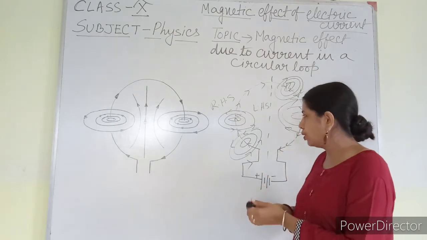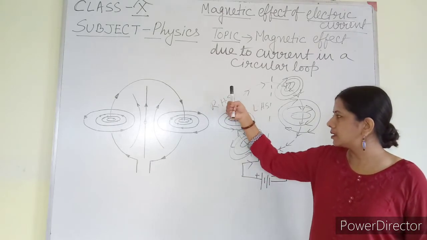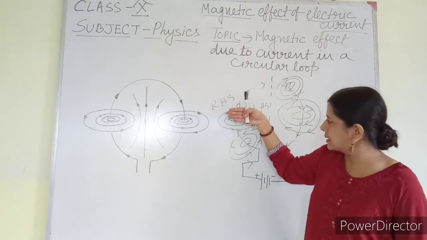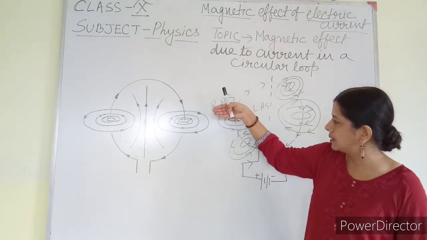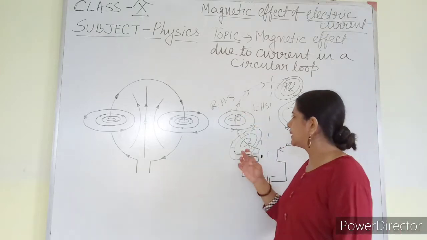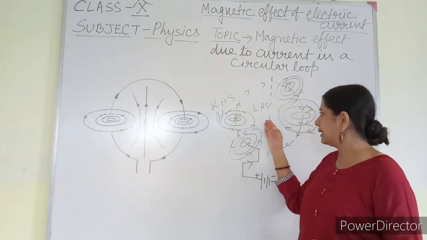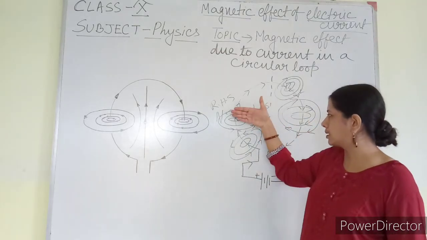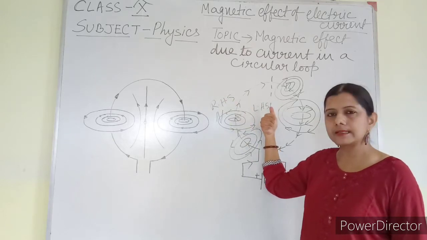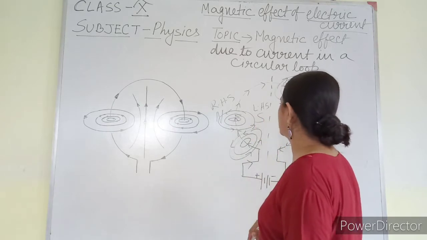I am holding this one, and my fingers are curling in this way, going outward. So this portion will be the north pole, and near the center of the circle the field is getting inward. So this portion is the south pole.